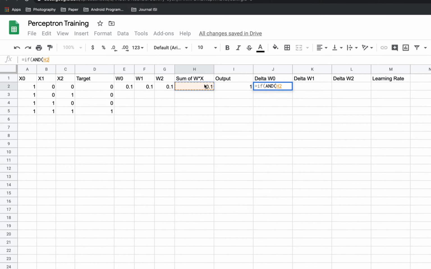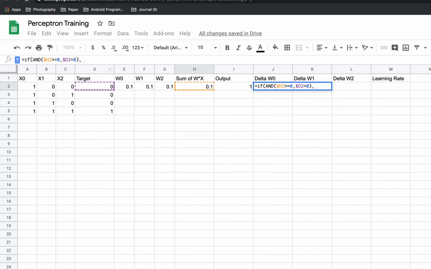If the summation h2 is greater than or equal to 0, this should be the positive class. But the target, that is d2, is the negative class. You have to adjust, right?